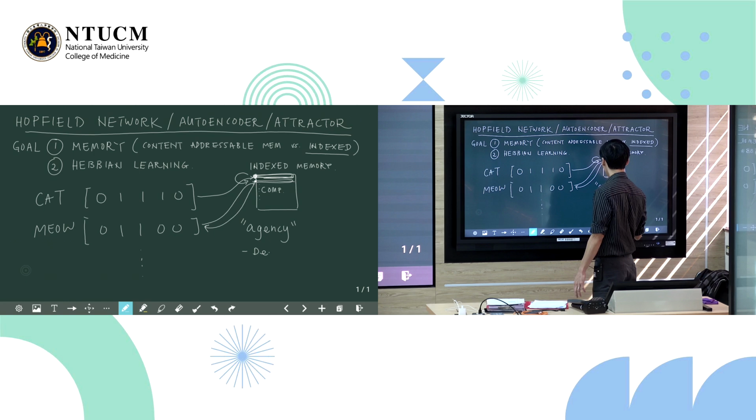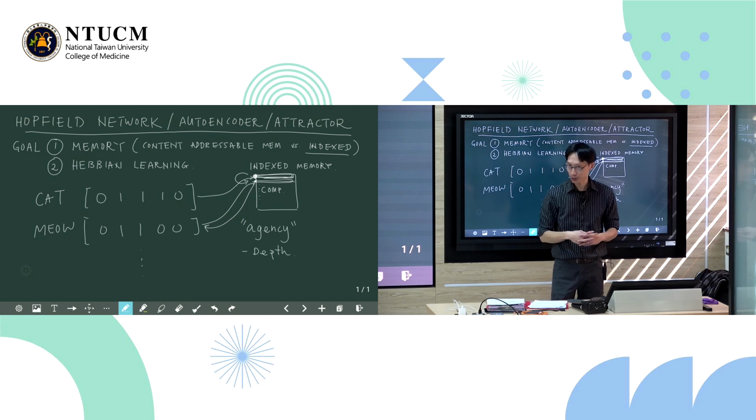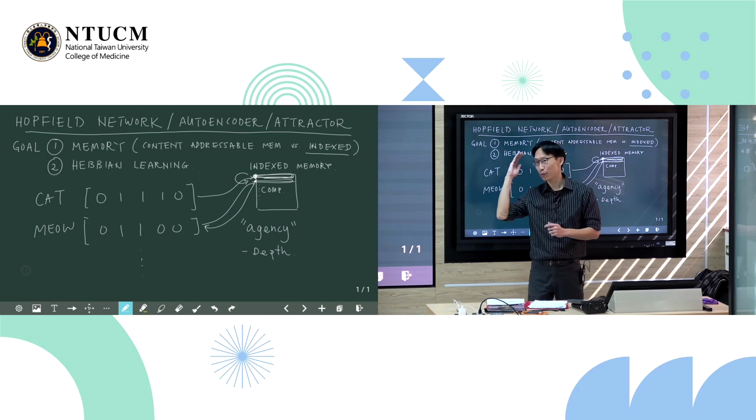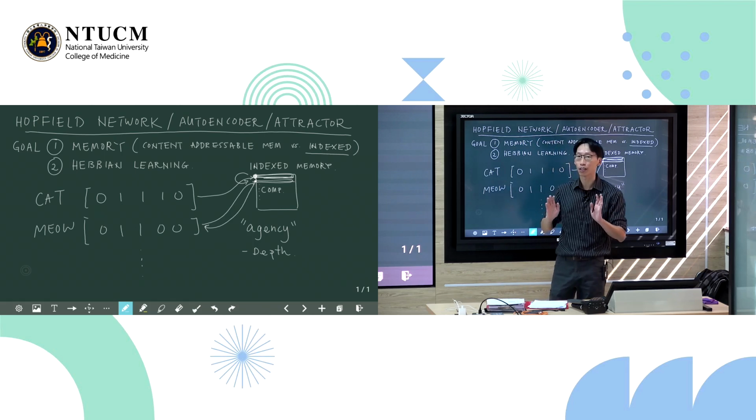Let me propose to you, one key phenomenon is depth. Okay, and this actually goes back to last week's perceptron, that when you want to solve nonlinear problems, if you didn't know, you have to have what we call a hidden layer, a deeper layer, not just a single layer. Single layer perceptrons cannot solve nonlinear problems.